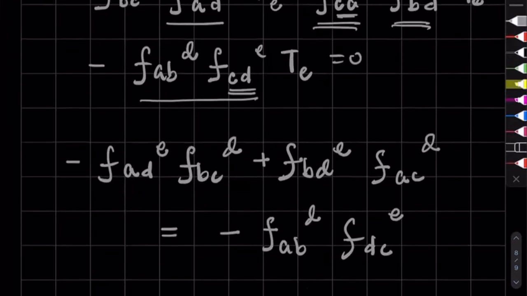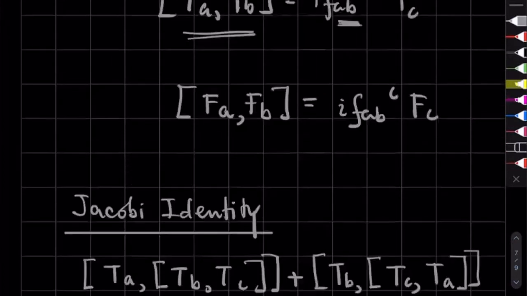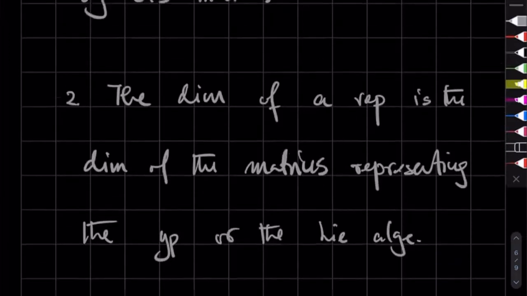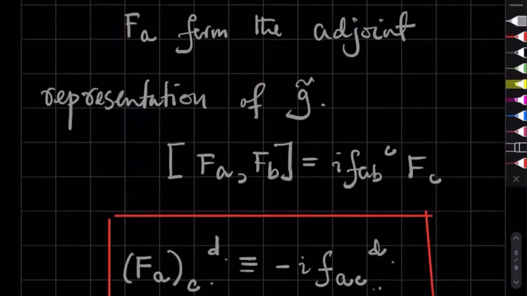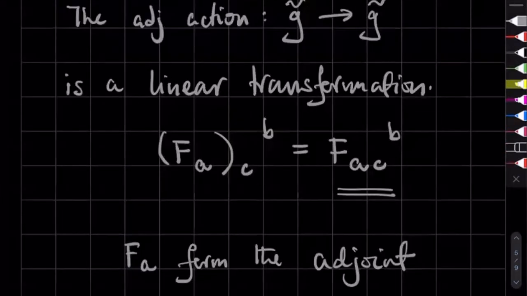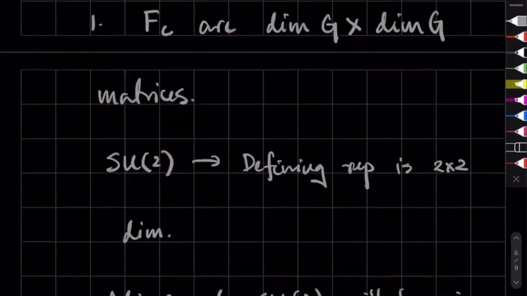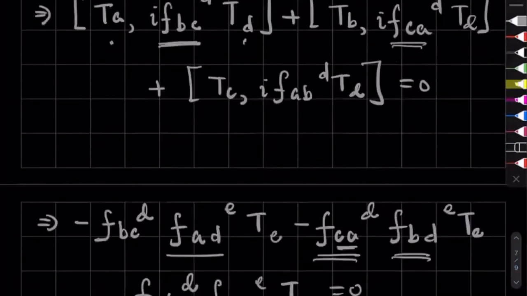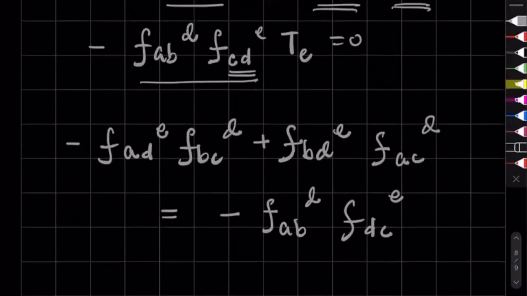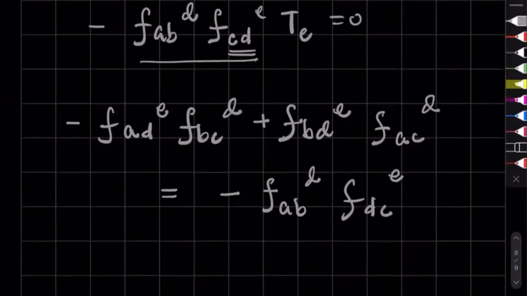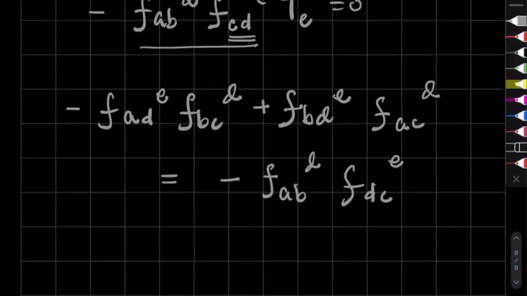Okay. And now what we do is that we look at our definition of f. And our definition of f was here. So if I look at my definition of f and I come back, I get two factors of i, which get rid of the minus sign.